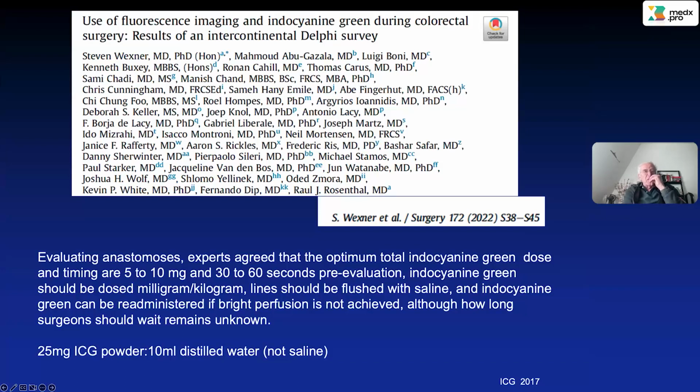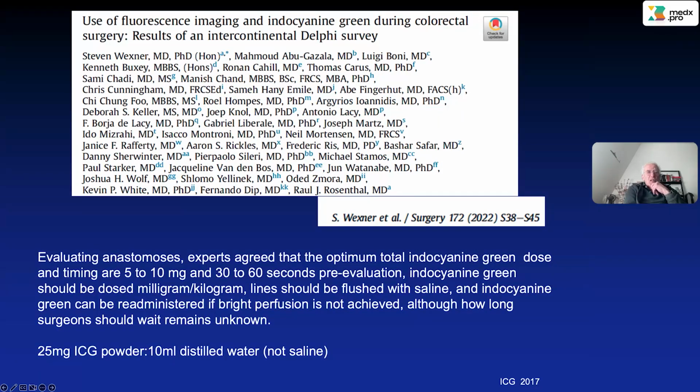And this is the study that I was referring to that was just published by Wexner. No, this is not the study I was referring to. This is another study of expert opinion, where I was one of the contributing authors, where we were asked different questions as to what was the ideal dose and the ideal timing for evaluation of colonic vascularization.